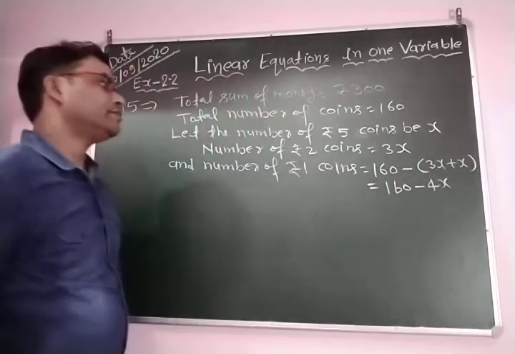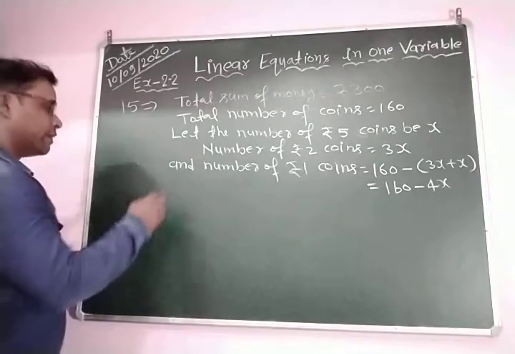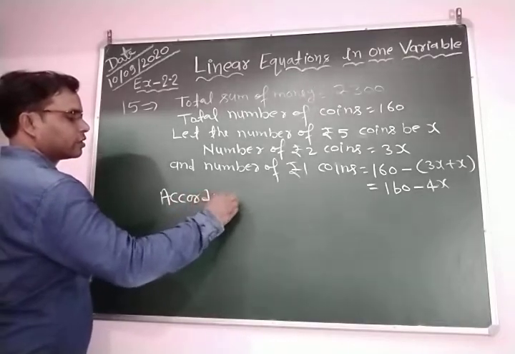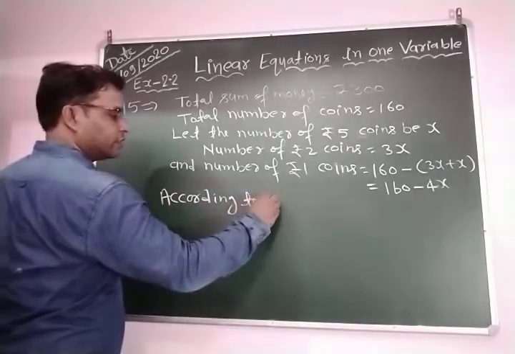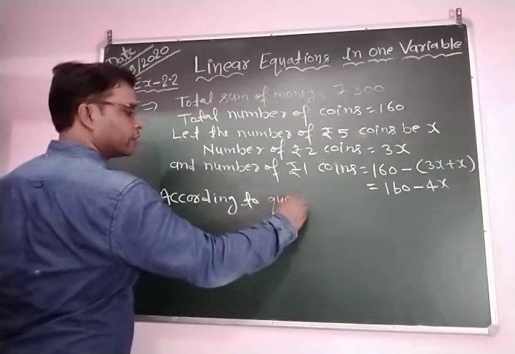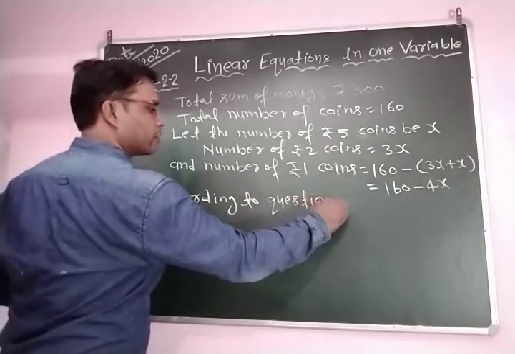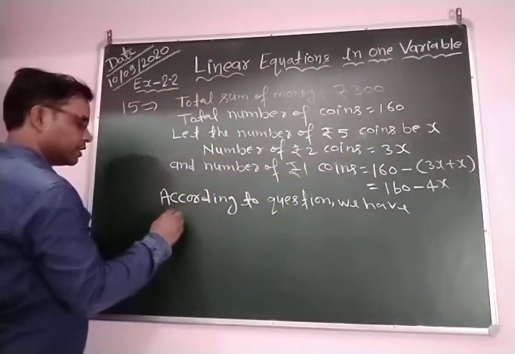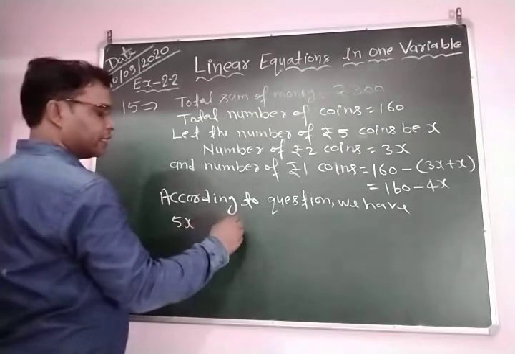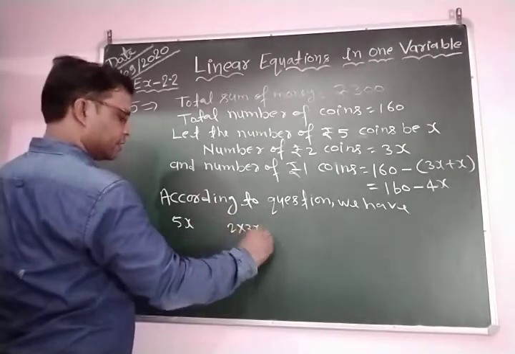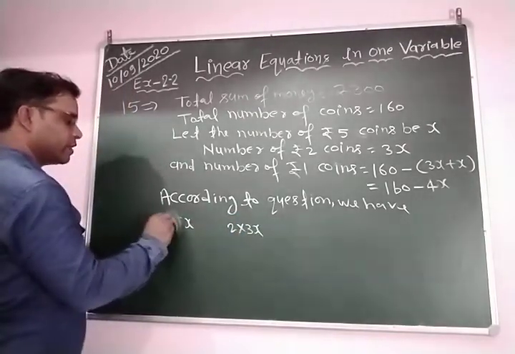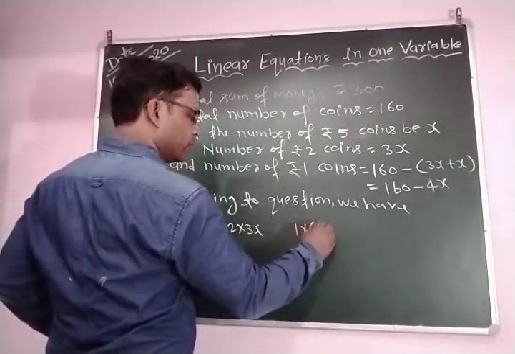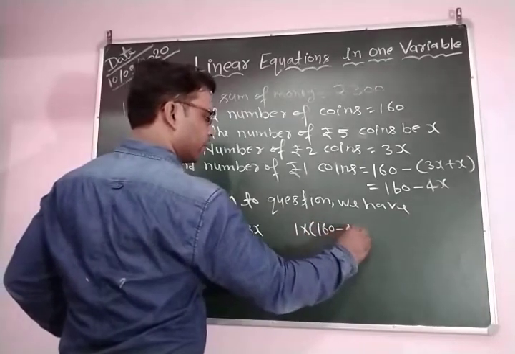Now according to the condition of the question, if you multiply x by 5, this is 5x, and 2 by 3x, this is 6x, and 1 into 160 minus 4x.